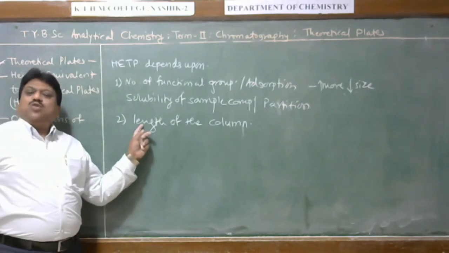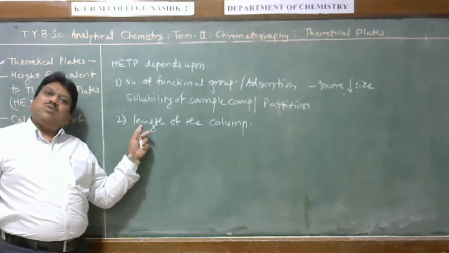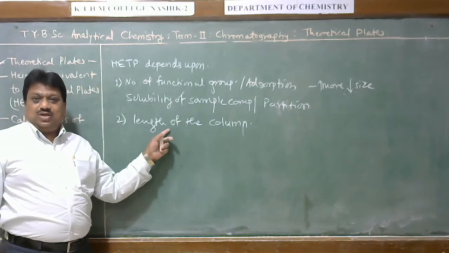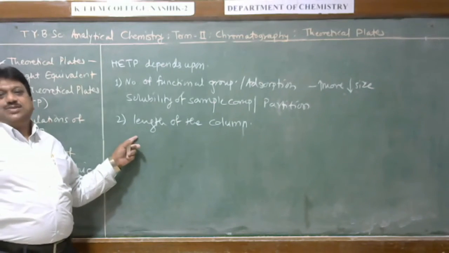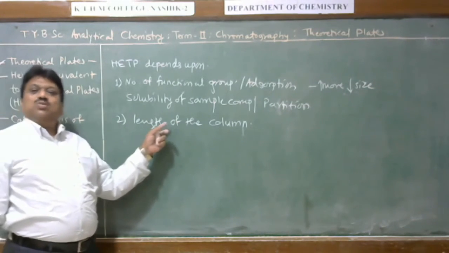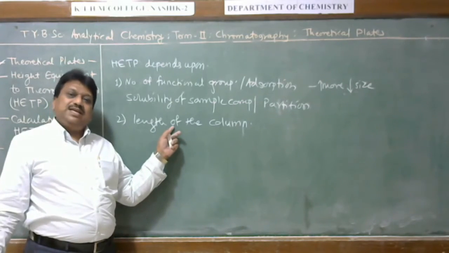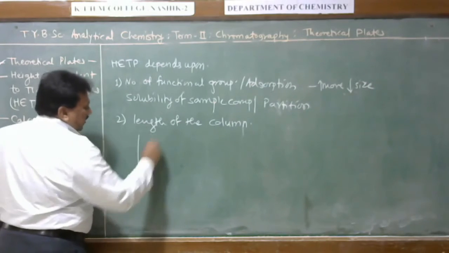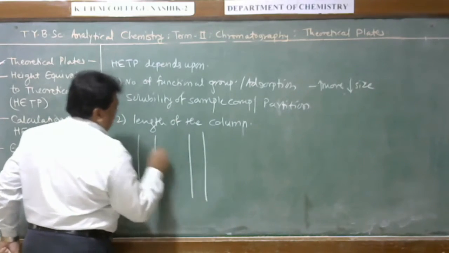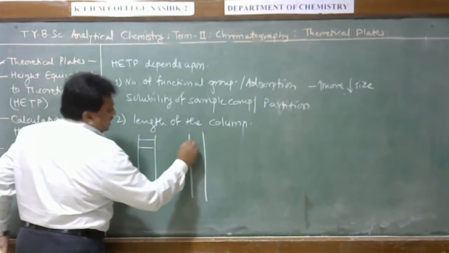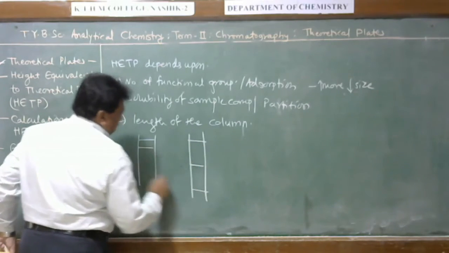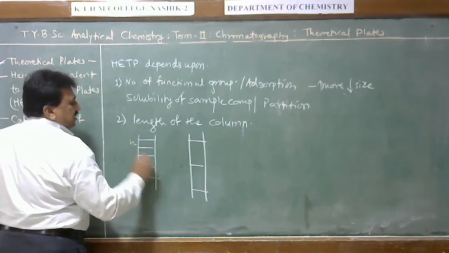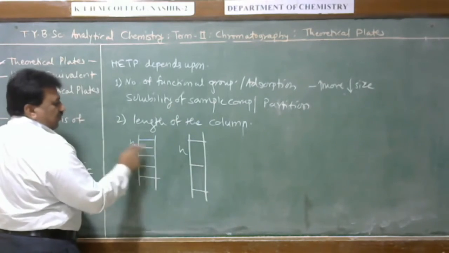If the length of the column is more, then more number of theoretical plates are present in that particular column. And if the length of the column is small, then the number of theoretical plates in that column is less. But for a fixed column, if height equivalent to theoretical plate is small, then the number of theoretical plates in the column is more.